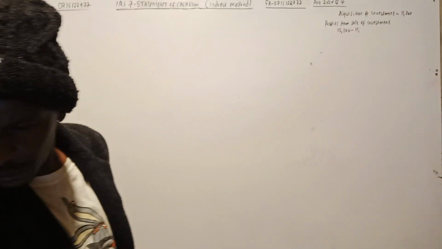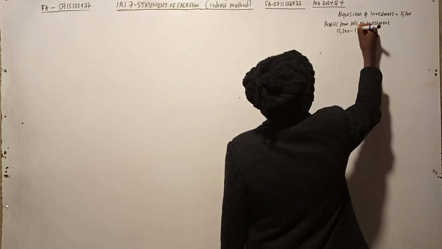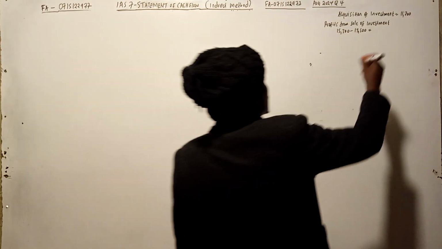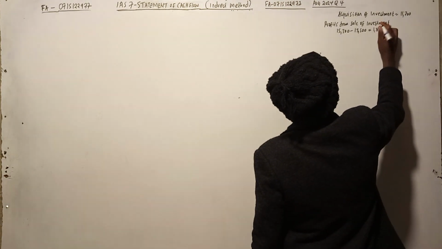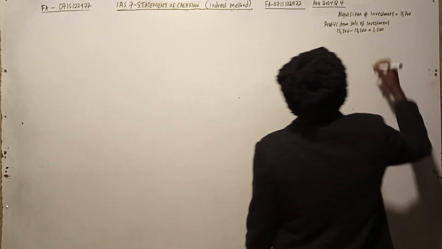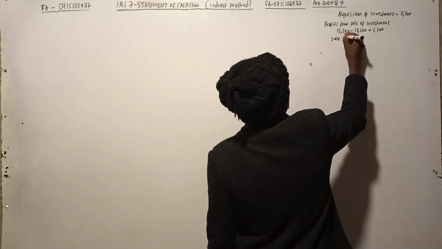So 15,300 minus 13,500, we get the difference, which is 1,800. Also we have sales proceeds from investment.